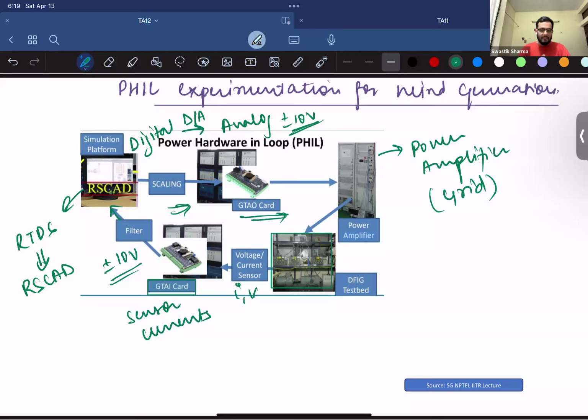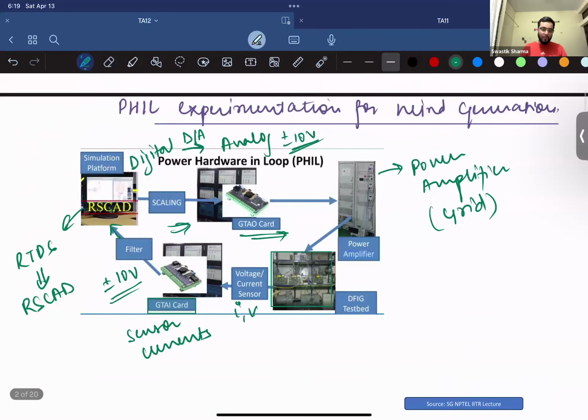This pass is required for you to be able to say, okay, if you have configured a control logic and that control logic works perfectly on your MATLAB, that's not enough proof. You need to show that it would work in real time as well. And for this, PHIL or controller hardware in loop simulations come into play.